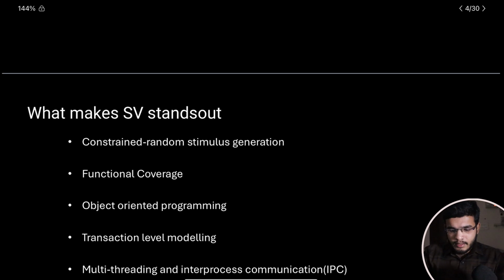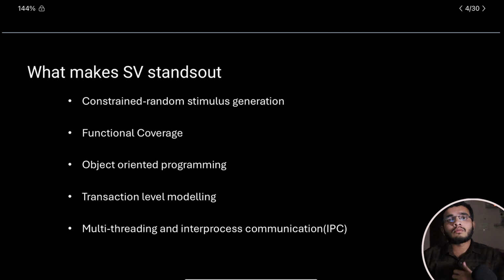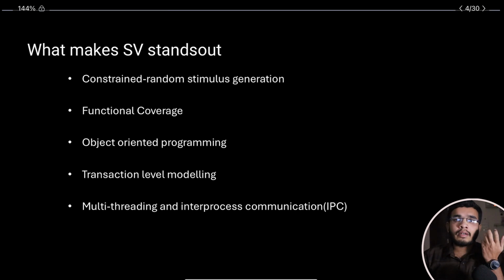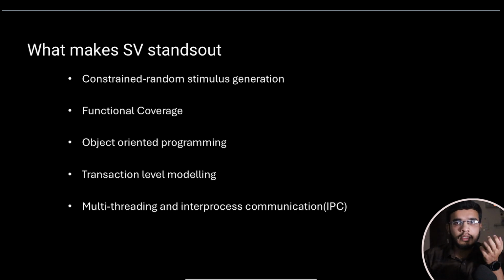What makes SystemVerilog stand out? When I say SystemVerilog, we are obviously not using Verilog, we are moving to another language, so there should be certain use cases or features that are extra on top of Verilog. In SystemVerilog, we have constrained random stimulus generation, which we'll see in detail in our course.